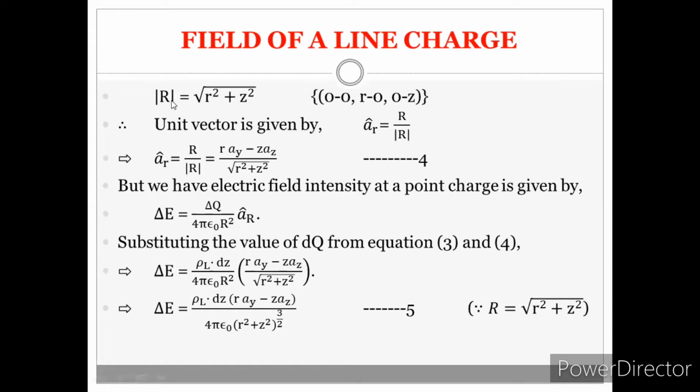But what is the magnitude? It is r square plus z square. So when you combine the denominator, it becomes r square plus z square to the power of 3 by 2. So dE is rho L dz (r ay minus z az) divided by 4 pi epsilon naught (r square plus z square) to the power of 3 by 2.